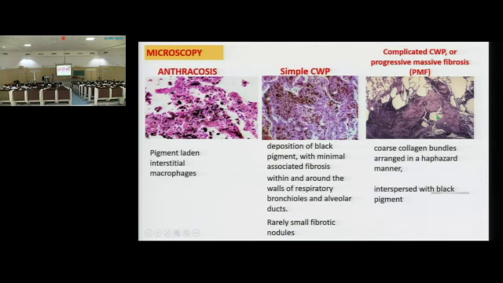Right? There are thin fibrous septa which demarcate these nodules. While in complicated coal workers pneumoconiosis, there will be massive fibrosis, large areas of fibrosis and big septa demarcating big nodules, and they will have decreased lung capacity. So the lung has decreased capacity, and they will be unable to maintain saturation, right?